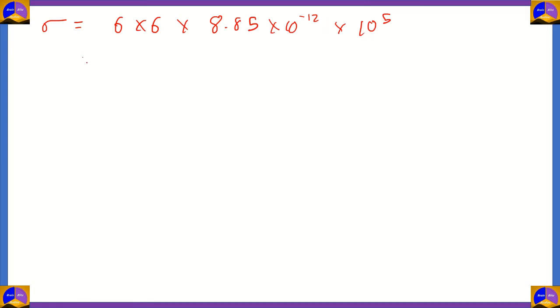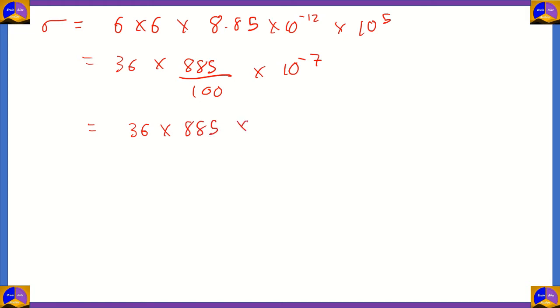So basically you get 36 times 885 divided by 100 times 10 raised to minus 12 plus 5, so that gives you minus 7. So you already have minus 2 here, so you get 36 times 885 into 10 raised to minus 9. So minus 7 minus 2 gives you minus 9.